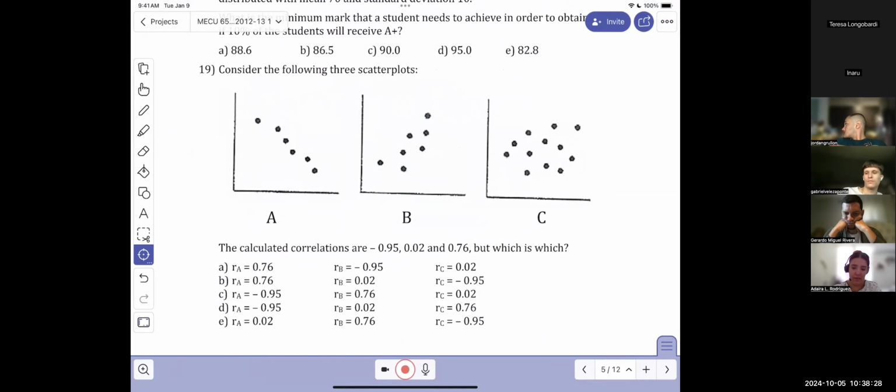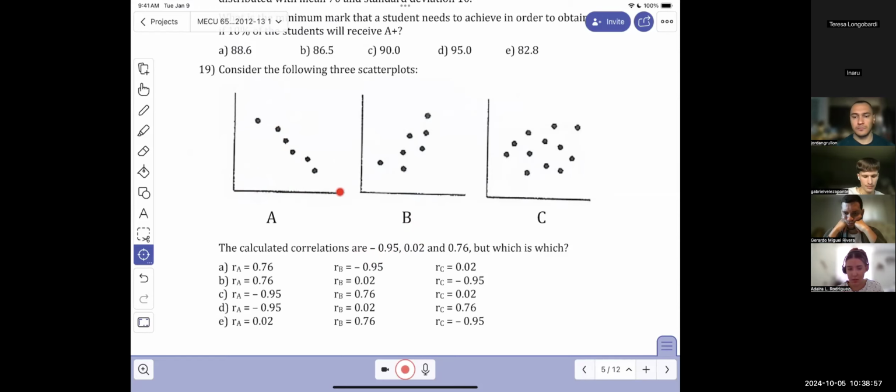So we calculate correlations: negative 0.95, 0.02, and 0.67. Now, which is which? There's only one negative. Which one is the negative one? The A? That's right, because it's going down.